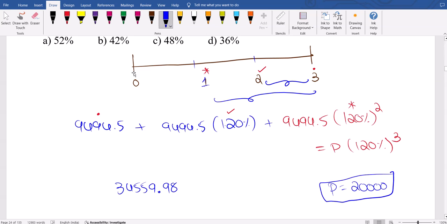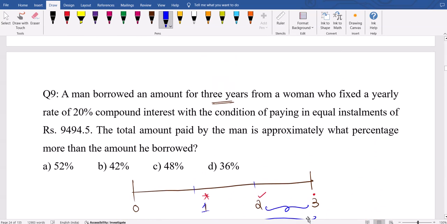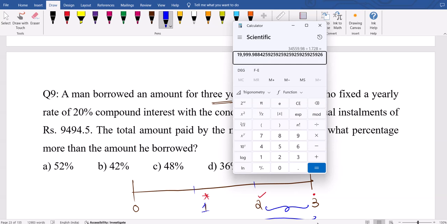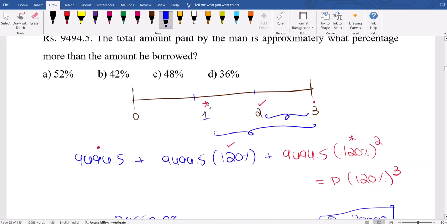With this concept, or maybe they gave this question with interest already kept, 9,494.5 into 3 divided by 1.728. It's 16,483. The total amount paid by them is what percentage more than he borrowed?